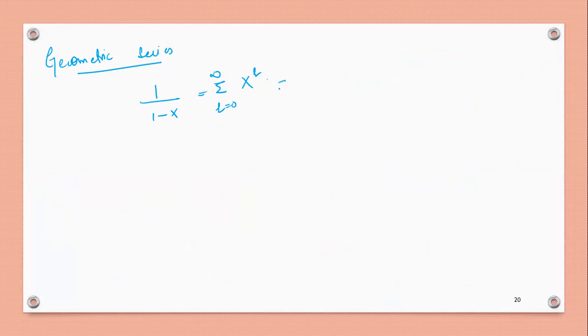So this 1 by 1 minus x is equal to x power 0 will be 1 plus x plus x square plus x cube and so on up to infinity. This is the most important formula of this chapter. Very, very important, need to be remembered that 1 by 1 minus x is equal to sigma r is equal to 0 to infinity x power r.